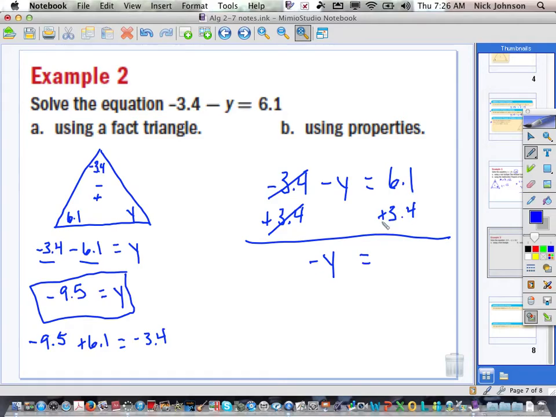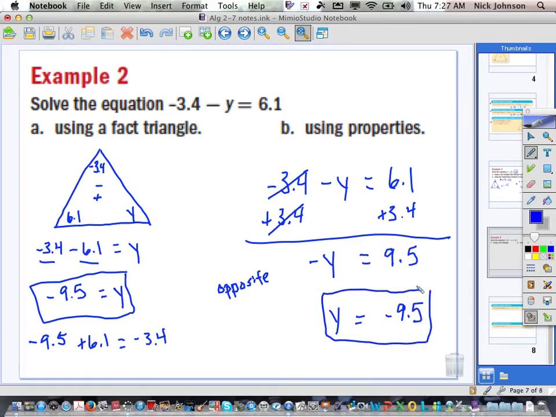Well, 6.1 plus 3.4 is 9.5. But we just want y. This negative y means the opposite of y. So if the opposite of y is 9.5, what is y? Well, the opposite of a positive 9.5 is a negative 9.5. And my answers match up.